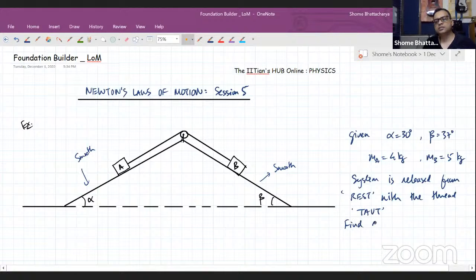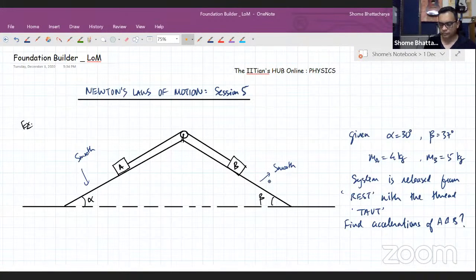You have to find the accelerations. So start this question. Assume that the thread is light and inextensible and the pulley is a standard pulley, so it is frictionless. It's a smooth fixed pulley. Also take acceleration due to gravity to be 10 meters per second square.